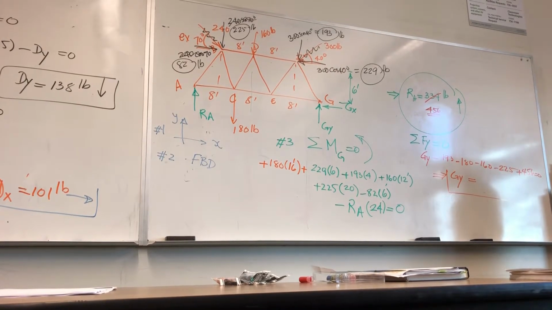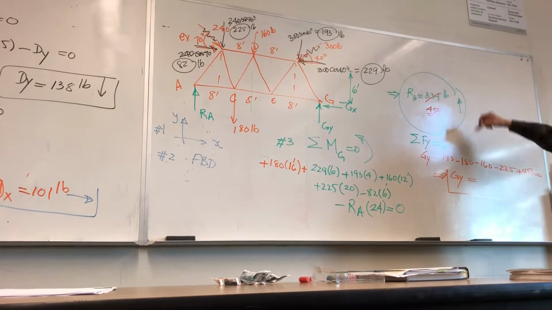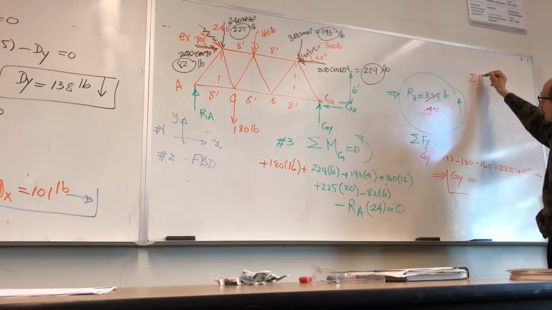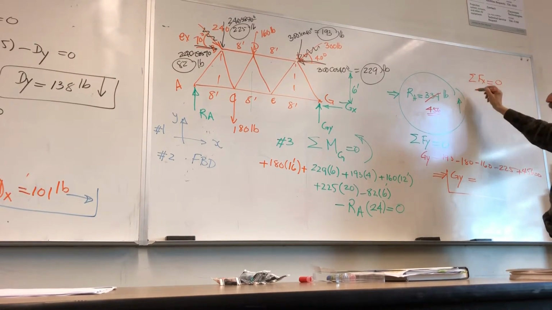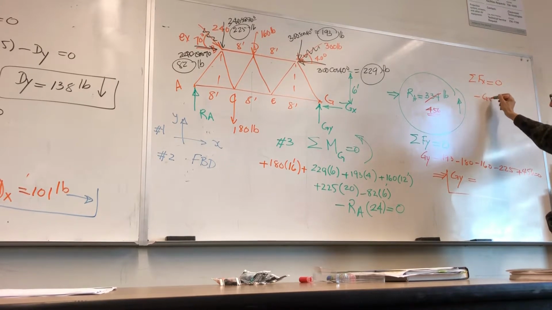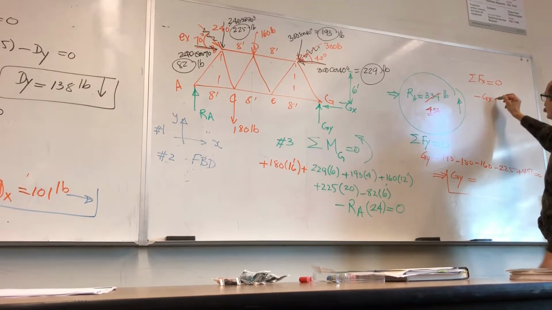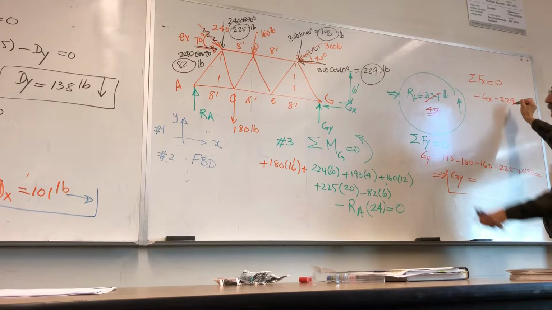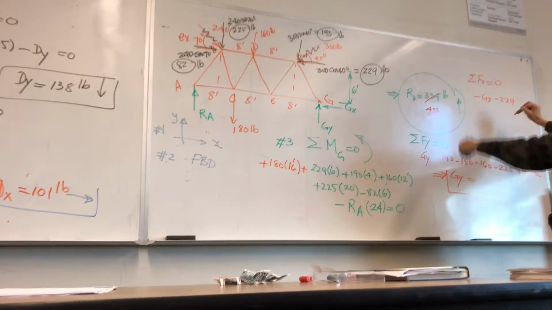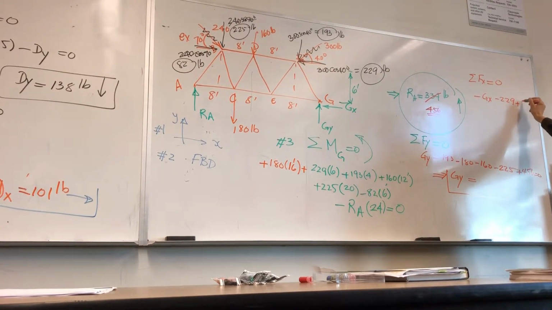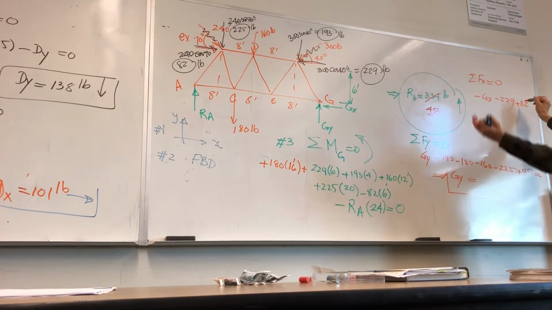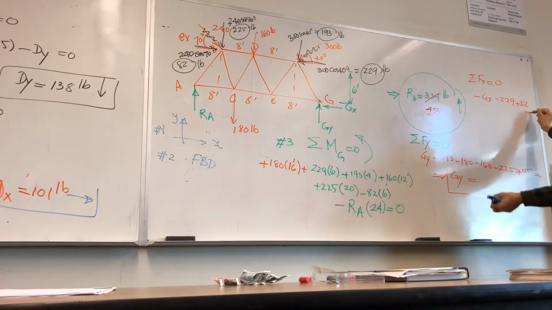While you're finding this, I'll do summation of forces along X because that's easy. You have negative GX, negative 229, then you have positive 82, and those are all forces, equal to 0.